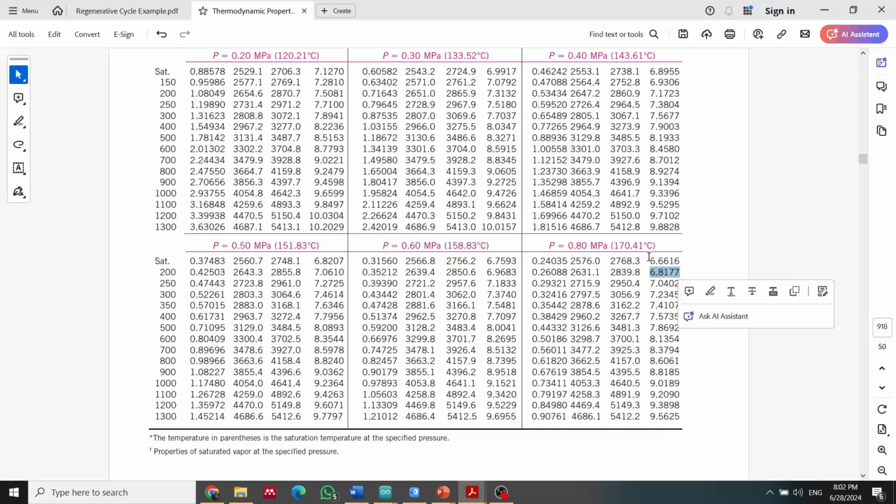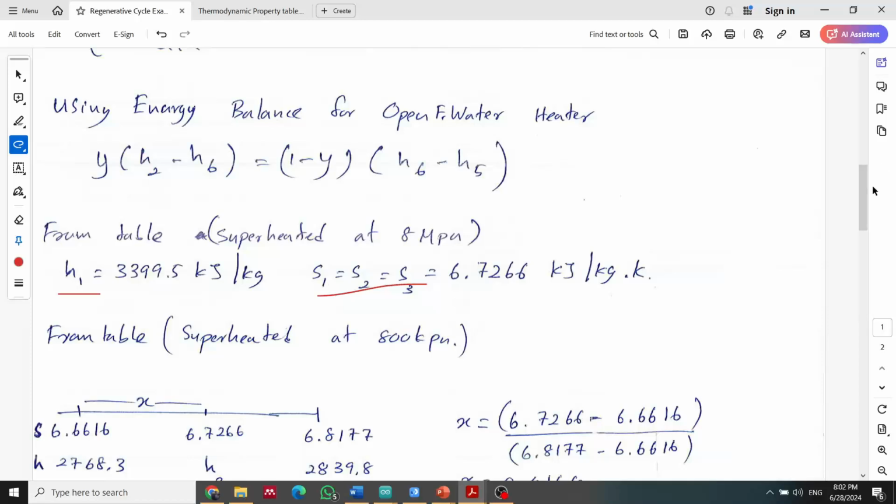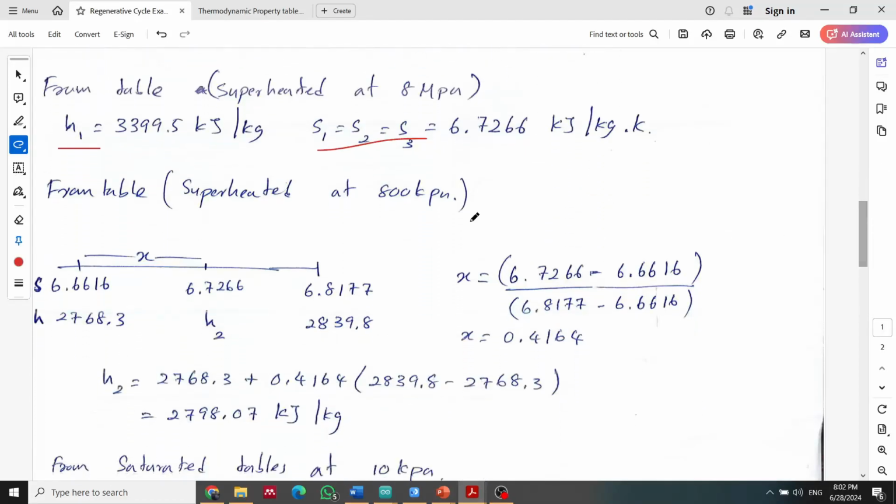So I'm going to extract these two values as well as the enthalpy values. So we have 6.6616, the upper bound, and the lower bound 6.8177. Our value should be in between, and we have also extracted the H values, the enthalpy values.